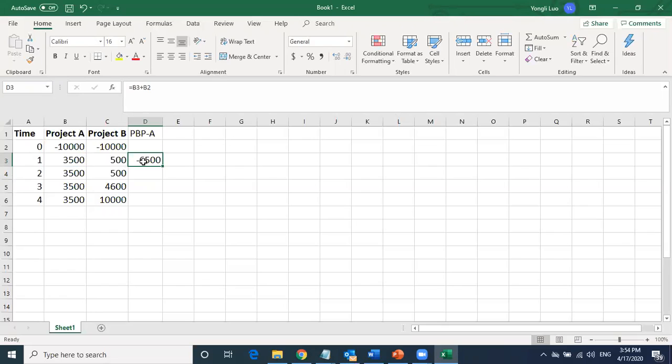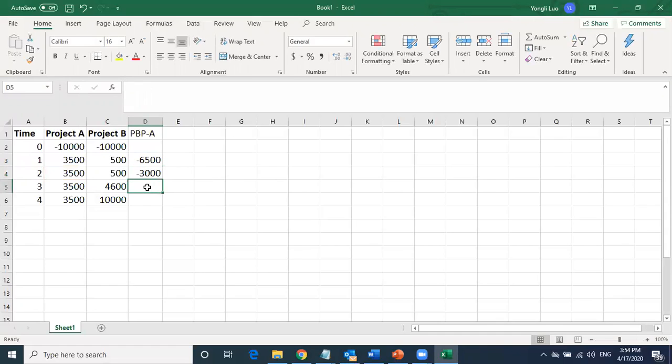So you still have 6,500 to recover after the first year. Then at the end of the second year, you get another 3,500. After the second year, you still need $3,000.